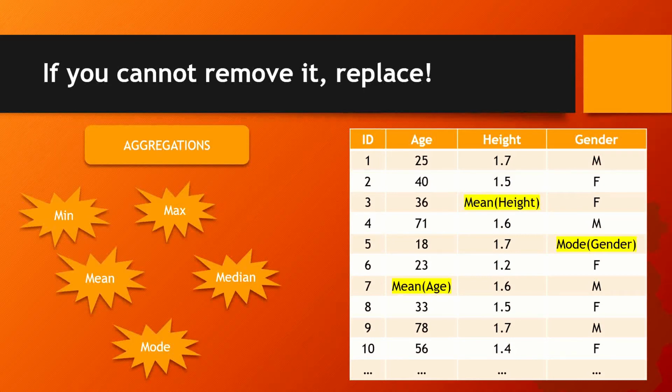For gender, we take the mode because gender is a string value, it's not a numerical value. If you don't recall what mode is, it is simply, in a categorical variable, the category with the highest frequency.